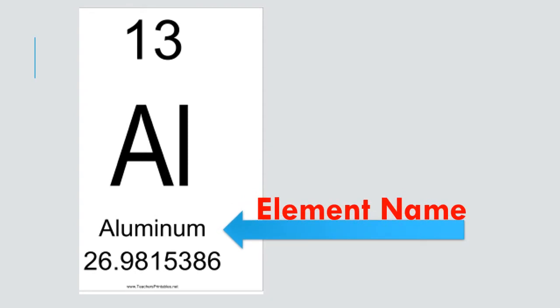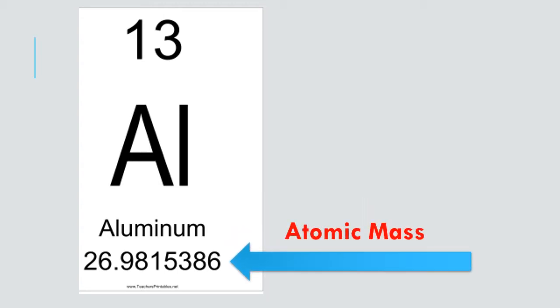Then we have the element's name right there, followed by the atomic mass. So this atomic mass has a lot of numbers. And if you watched our previous video on atomic structure, I kind of explained this. But the atomic mass for this, we're just going to say is 26.98.